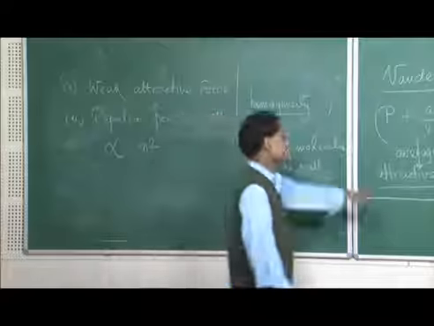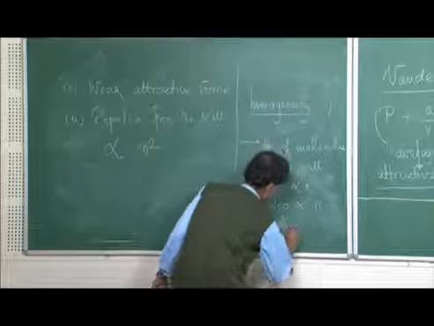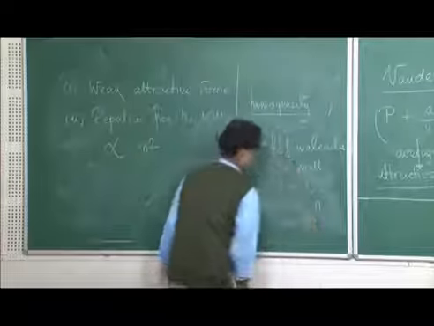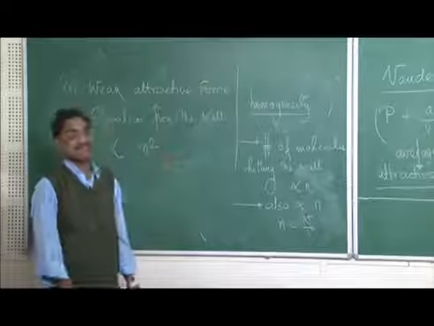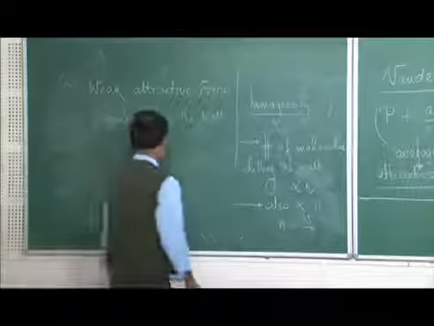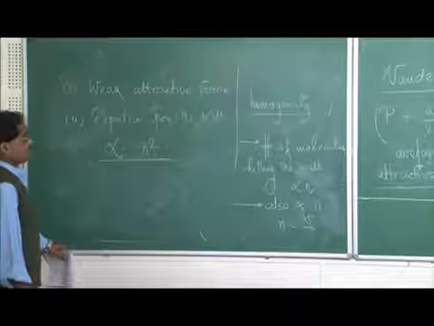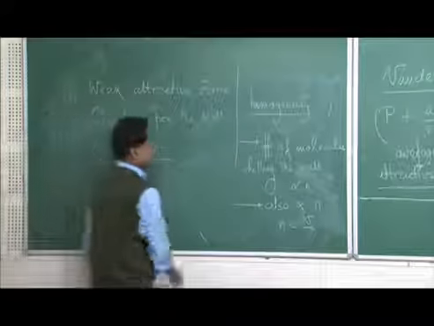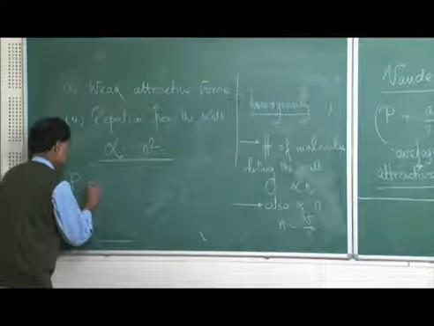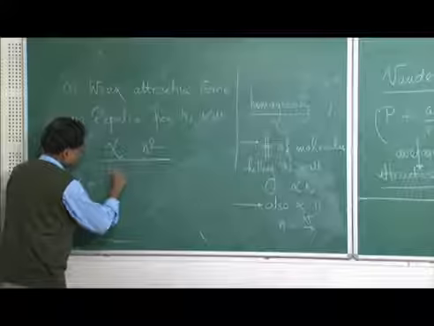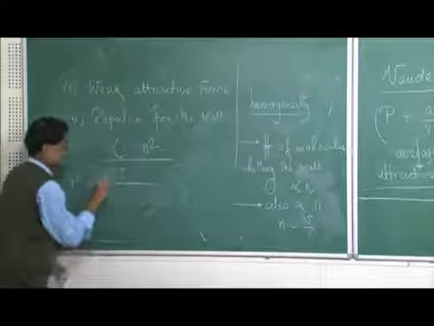This correction is incorporated in the form n, I remind you, is capital N over V. In more sophisticated language, I can call it a density-density interaction. So, this is proportional to n square or 1 by V square. Now, taking these two into consideration, my pressure form will be RT over V minus b, minus a over V square.